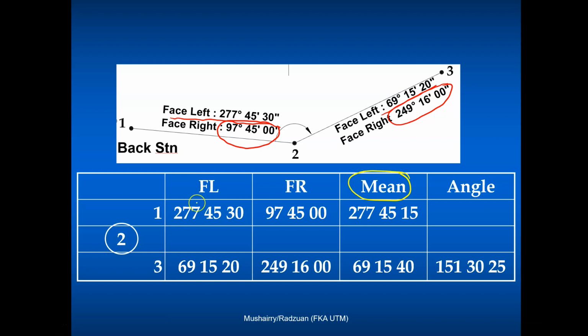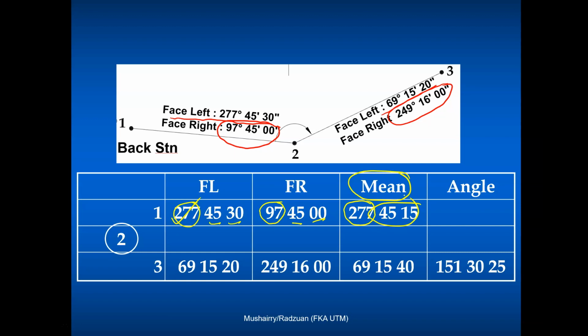Look at the degree 277 and look at the degree on face right. If you see, it's exactly 180 apart, which means that we're okay, no gross error in there. So we're going to write the degree first. Now to get the mean, 45 30 and 45 00, so in between will be 45 15.